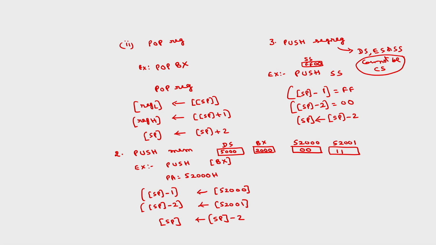Then there is a fourth instruction which is called push flag register. So flag register is a 16-bit register again. The contents of the flag register can also be saved onto the stack, because again the same concept.